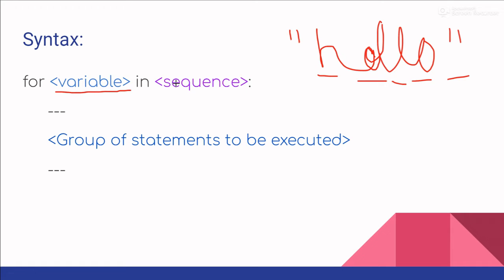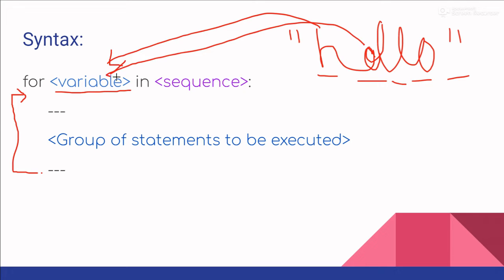In the first iteration, the first character of the string will be stored in this variable. And when the first iteration is complete, that is, when the control of the program comes back to the loop, the next letter gets stored in this variable. So that's how it works.